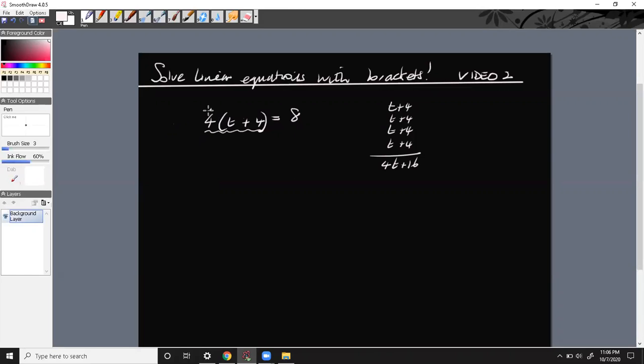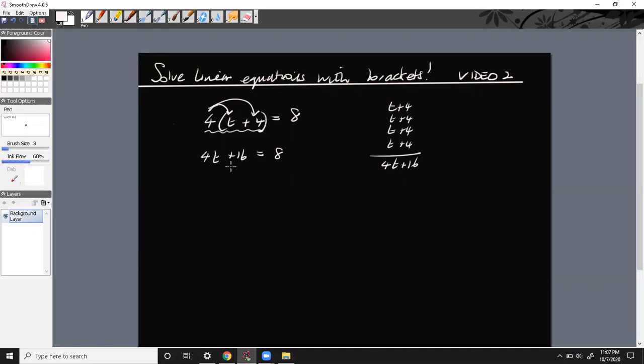And so all we do is we expand the brackets by multiplying the terms in the brackets by what is outside. So 4 times t is 4t, and 4 times 4 is plus 16, is equal to 8.